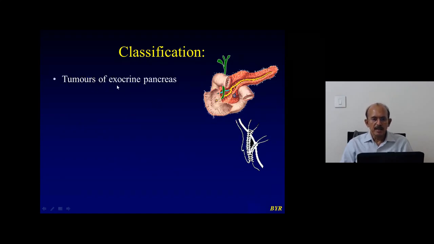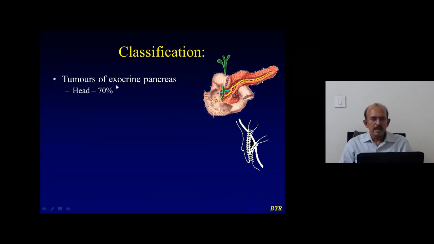There are two types of glands in the pancreas. One is the exocrine glands secreting lipase, amylase, chymotrypsin, ribonuclease, elastase, etc. The other is the endocrine tissue: the alpha cells, the beta cells, the gamma cells, the D cells, VIP cells, etc. So the tumors can be classified as tumors of the exocrine pancreas.